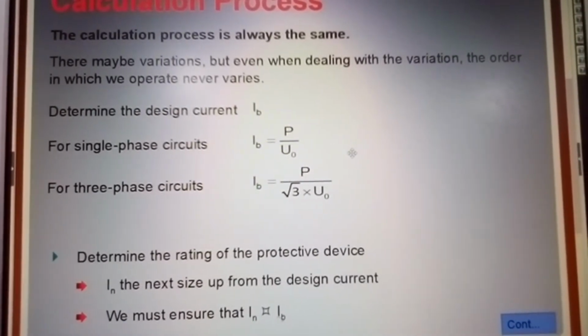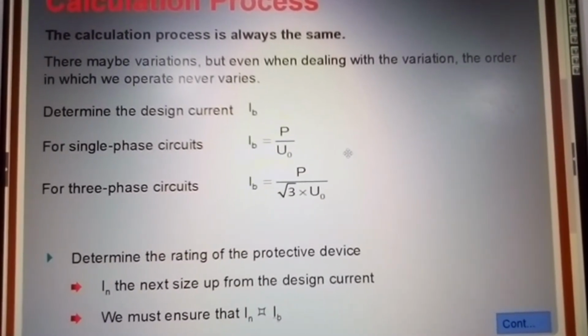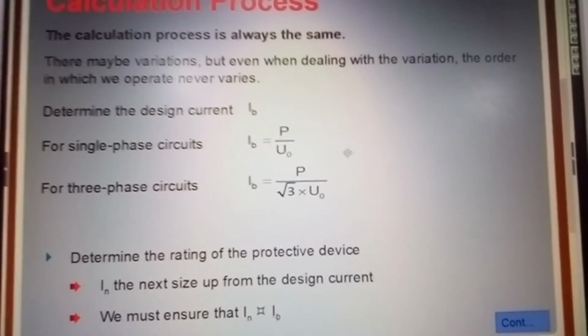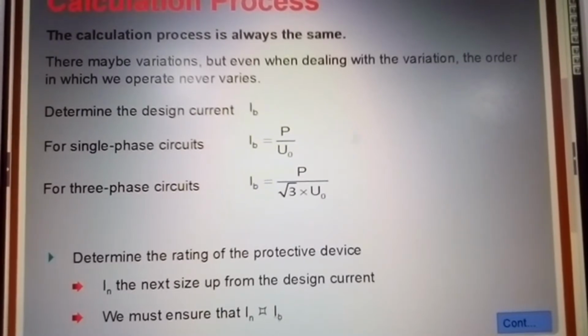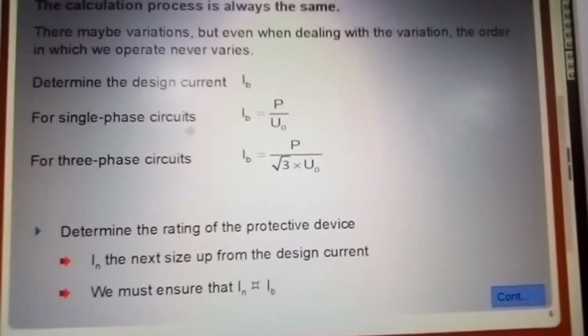Yes, it will be greater than or equal to IB, but it should be greater than IB, because obviously IB needs to operate, in regards to the protective device operating, before IN.